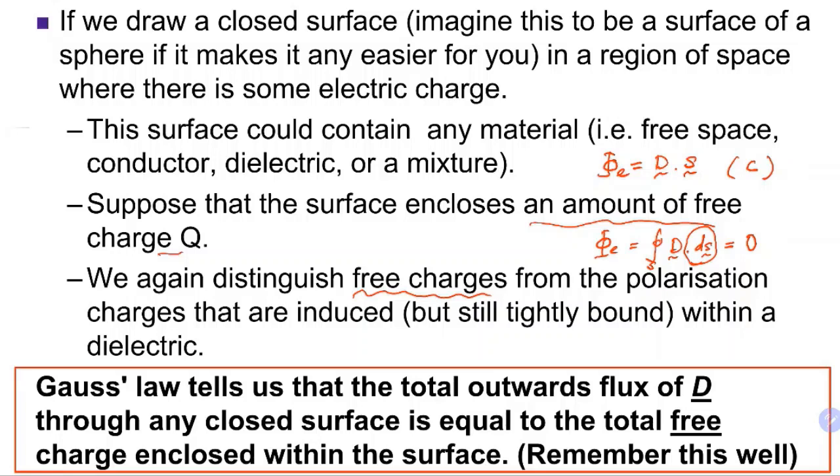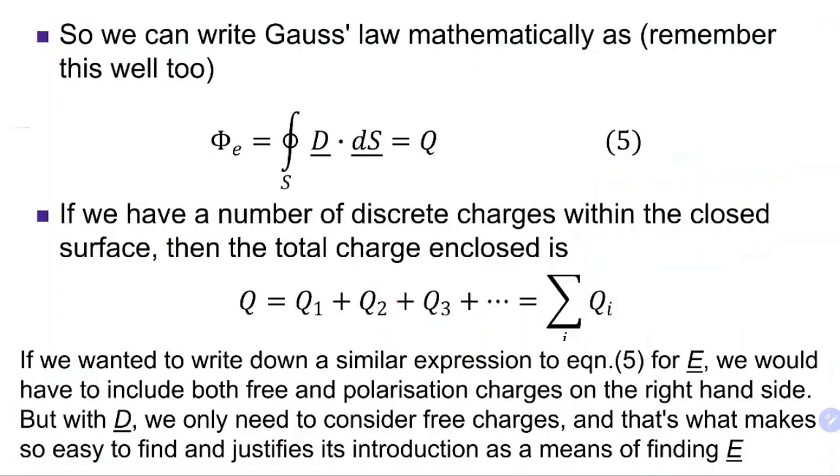But if the charge is outside, then no charge is inside, so it has to be equal to zero because zero charge is enclosed. So it will be zero coulombs. So this is Gauss' law.